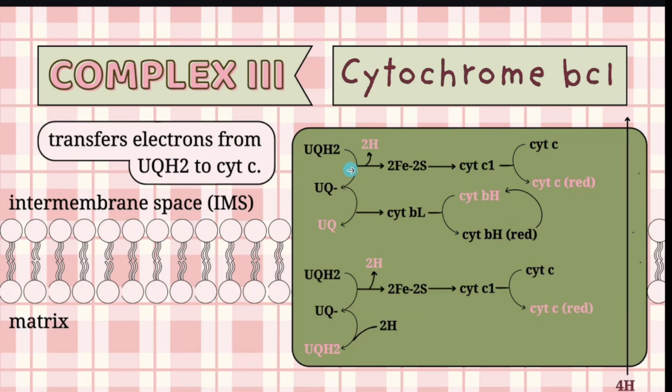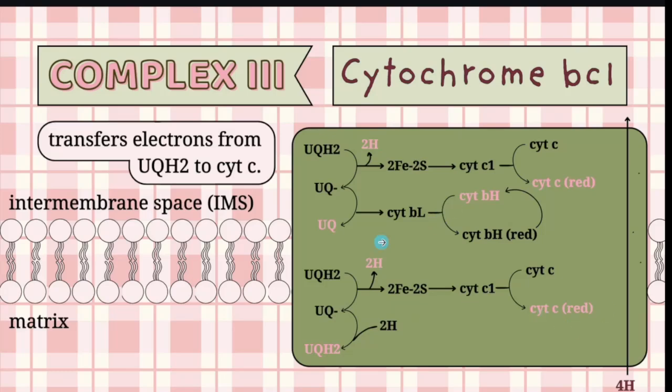Basically, we're going to get 2 protons that are lost to the IMS from the first round, and another 2 protons that are lost to the IMS again in the second round. So a total of 4 protons lost to the IMS. Then because we donated 1 electron to cytochrome C, we're going to get reduced cytochrome C in both rounds.